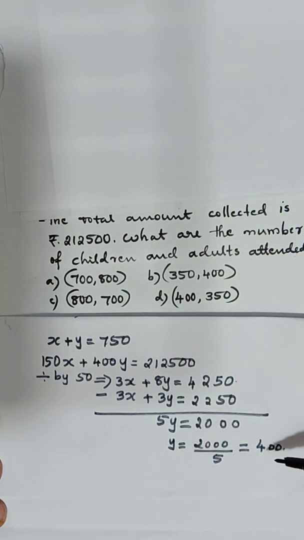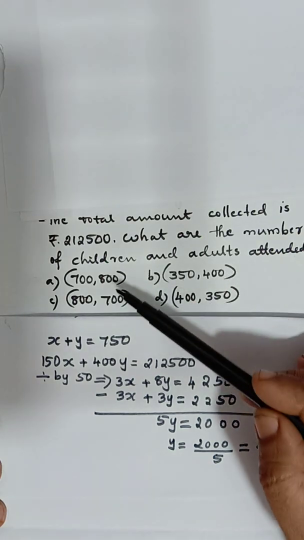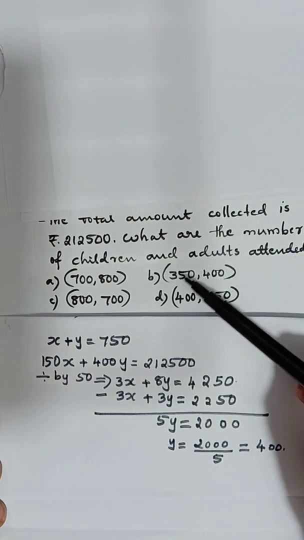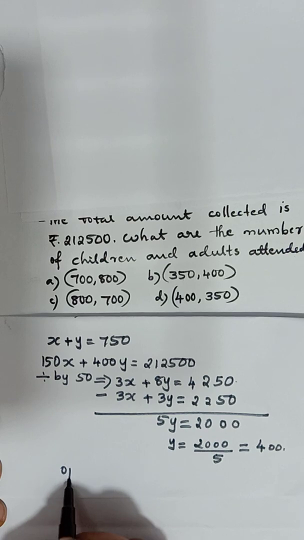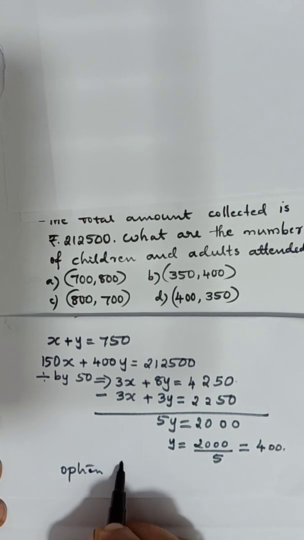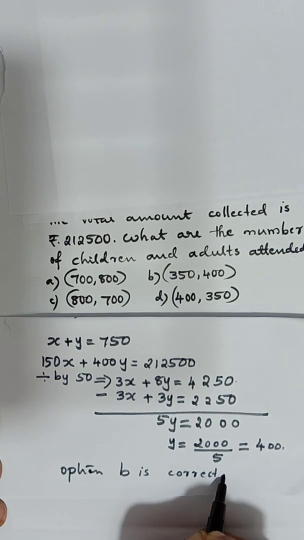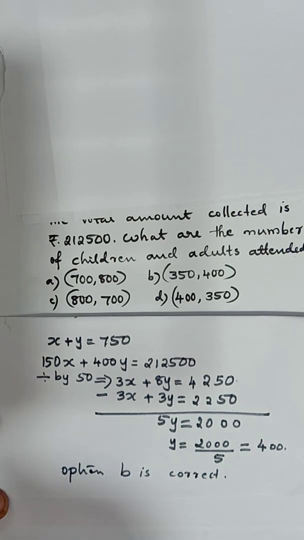When we get y is equal to 400, only in one case do we have y as 400. That is our option B. So you don't need to find it out for the first one. So option B is correct. Hope you understood. This was the last question. Stay safe. Bye.